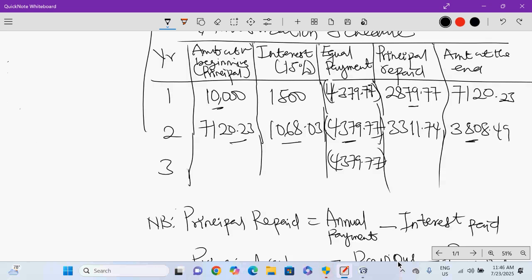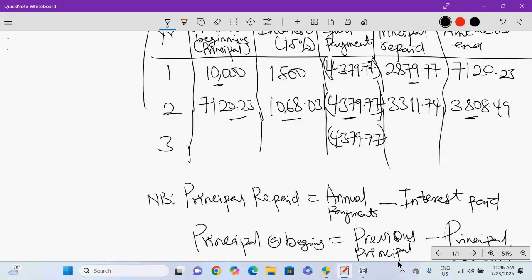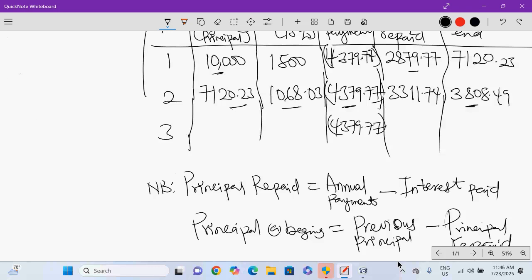How much do you have? 7,120.23 minus 3,311.74. We are getting the same amount.